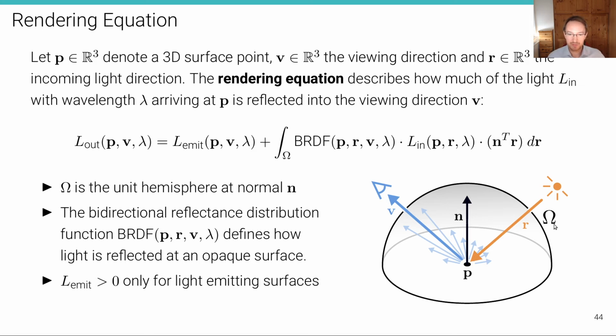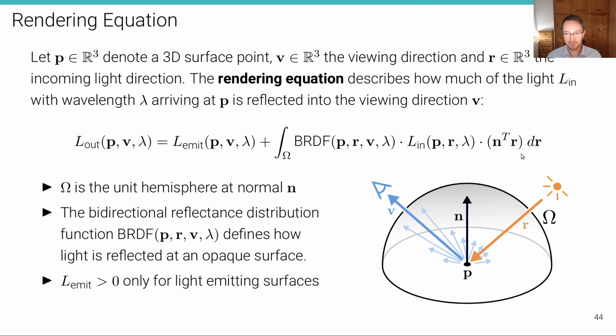So what we have here is this upper unit hemisphere sigma, and this L out is the light that's going out at surface point P into direction V with a wavelength lambda.